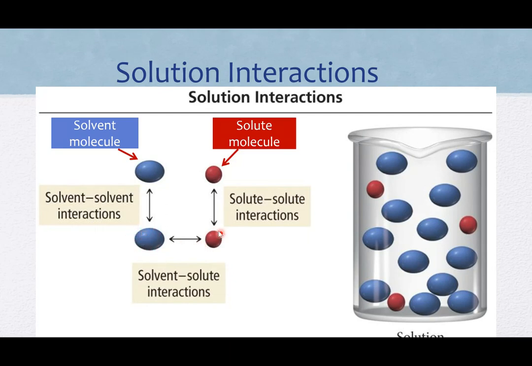So water and sodium, or water and chlorine, will certainly be attracted to one another. In this case, that would be like an ion dipole interaction, okay? So we have to consider the solvent interacting with itself, the solute interacting with itself, and then when we mix the two together, how do they interact, or do they interact with one another, okay?